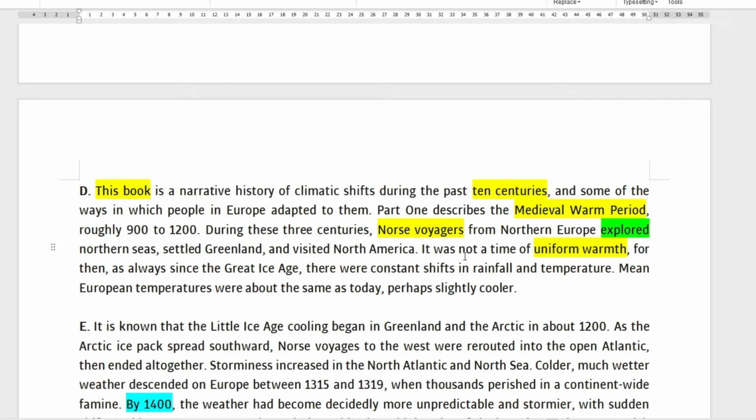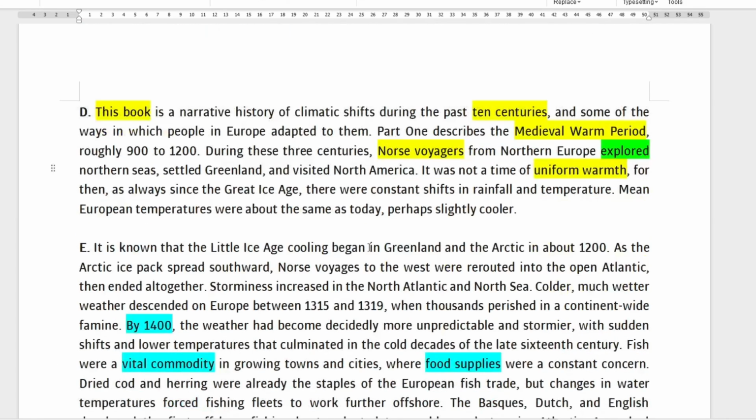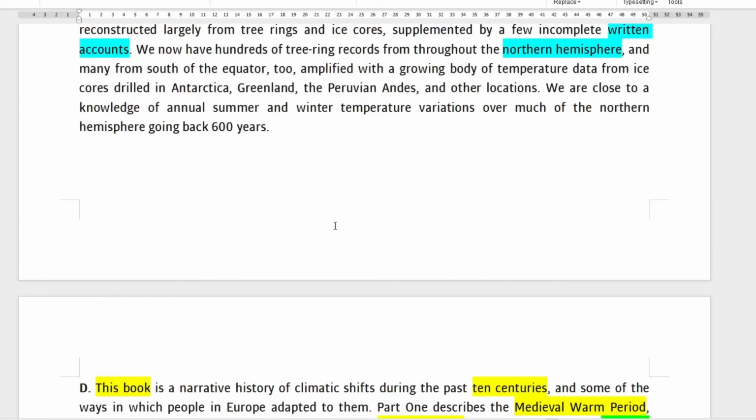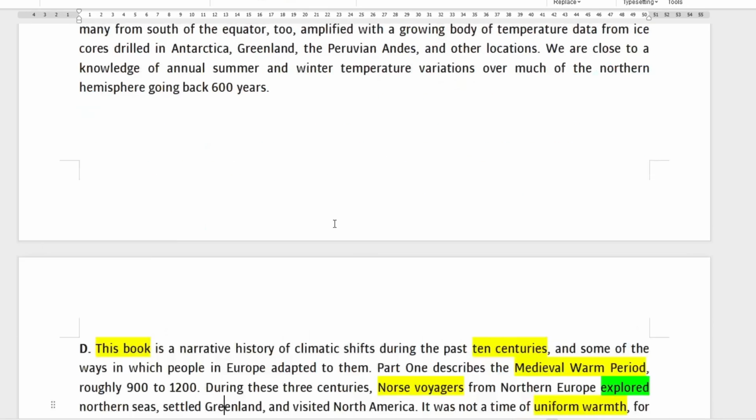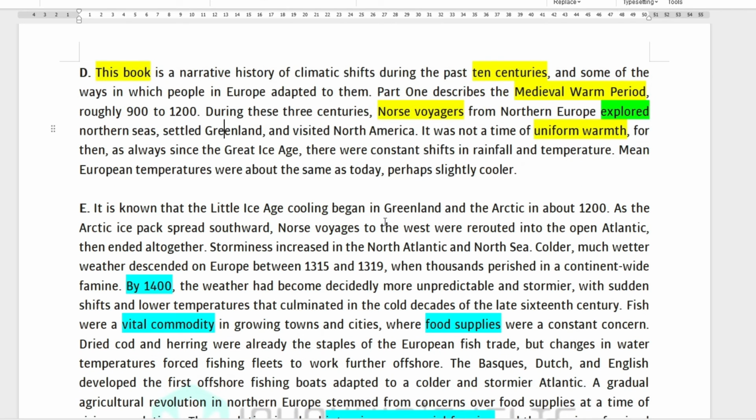Europeans discovered other lands like Greenland and North America. Of course we can understand that it is 10 centuries in the past. Logically speaking, I don't think it can be modern there.